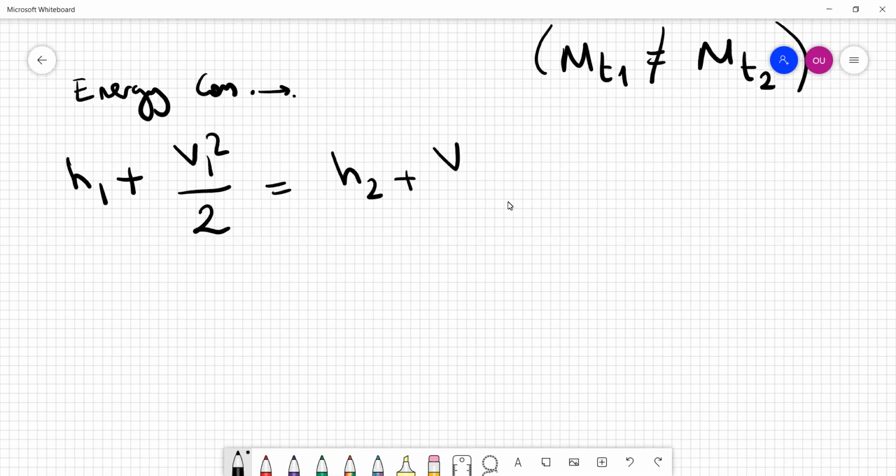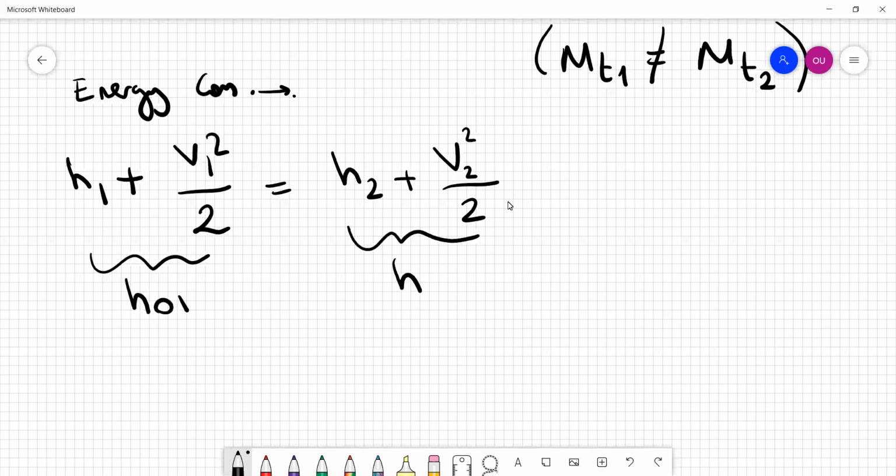So stagnation temperature as well as enthalpy are kept constant. So this is actually H01, and this is actually H02.